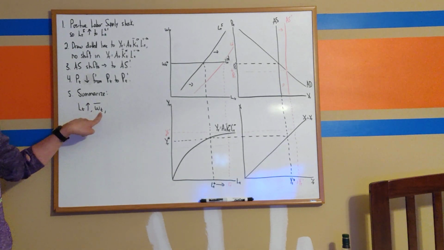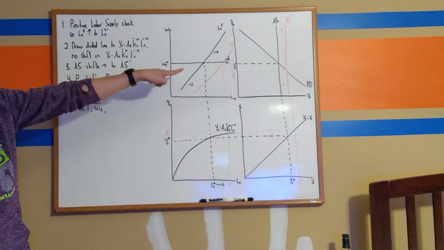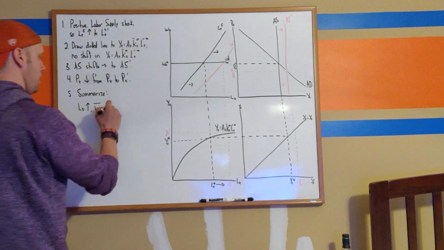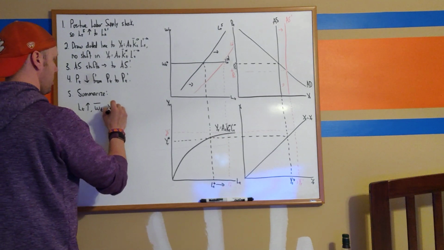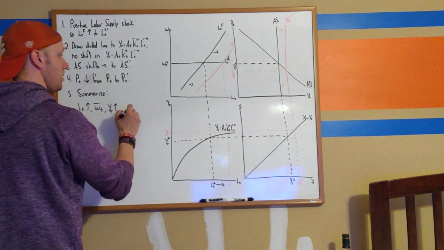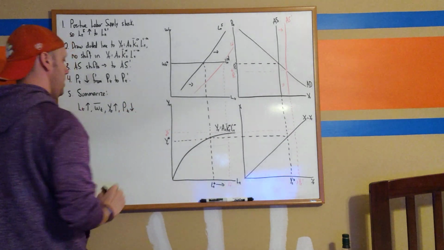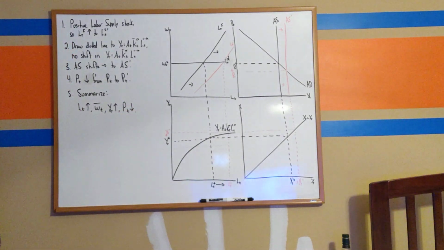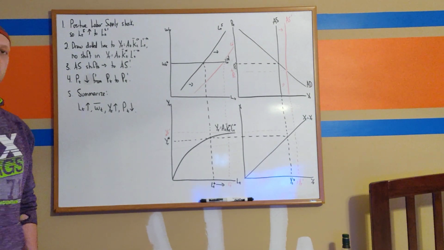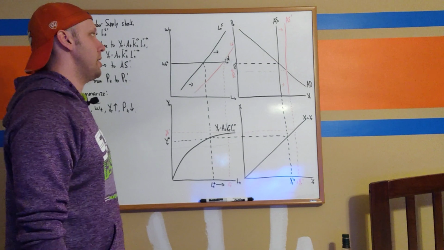Wages remain unchanged. Why? Because labor demand is perfectly elastic. But output's still going to increase. Prices are going to fall. Like this. So that's if it's a perfectly elastic labor demand when there's a labor supply shock that takes place.